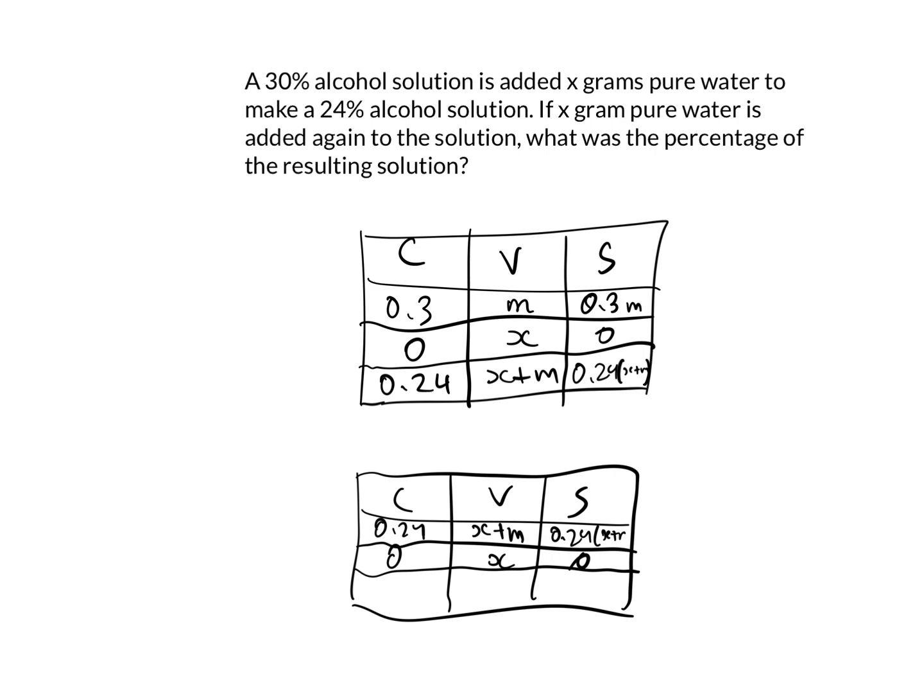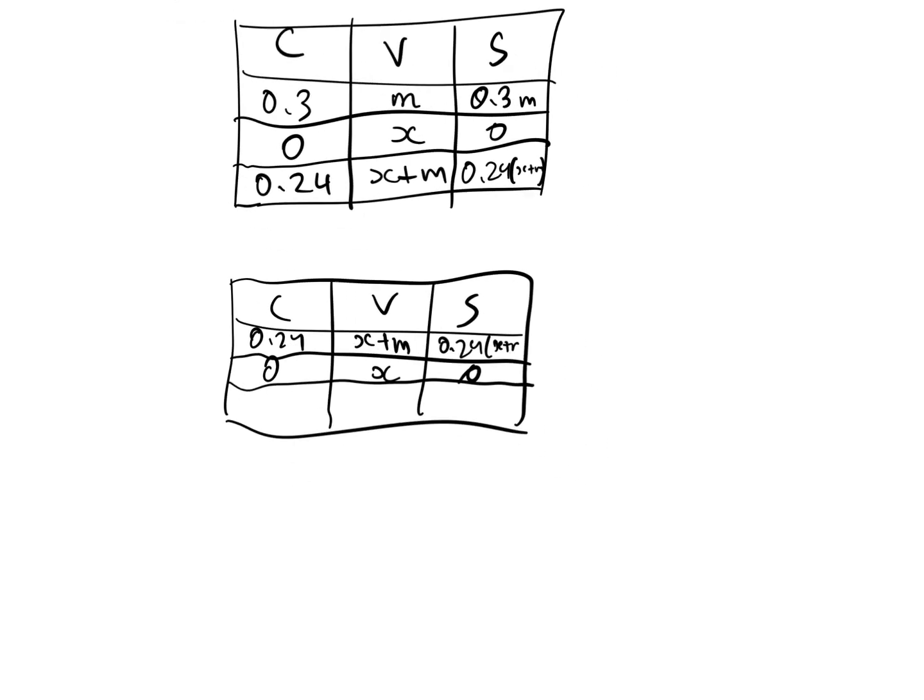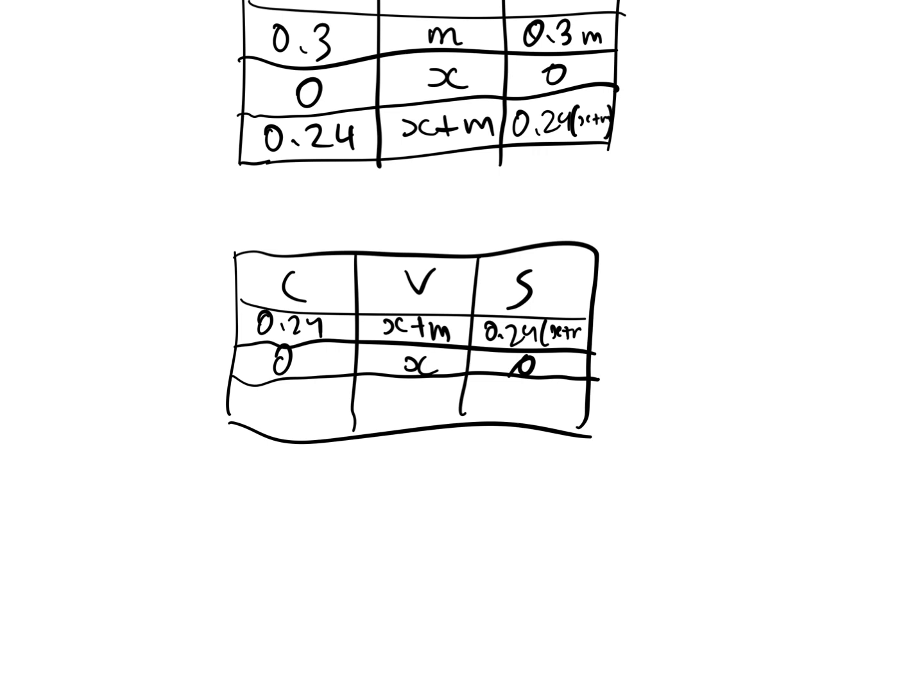After adding this, it's our final solution we're trying to figure out the concentration of. Let's just name that Y. This is 2X plus M, and this is simply Y times 2X plus M.